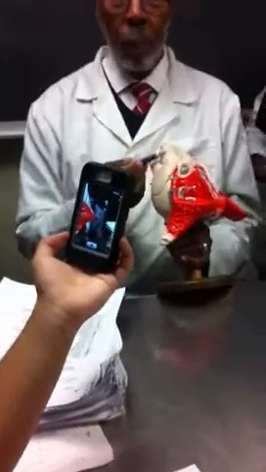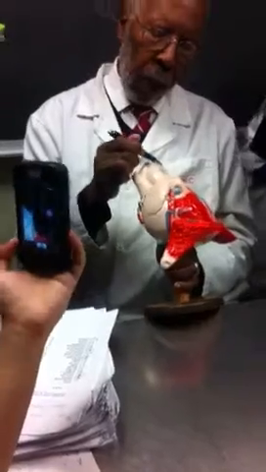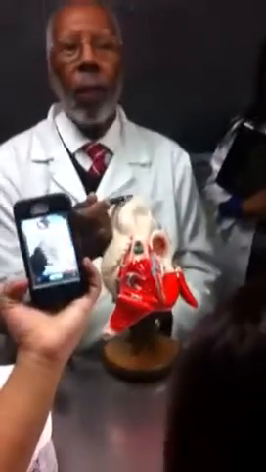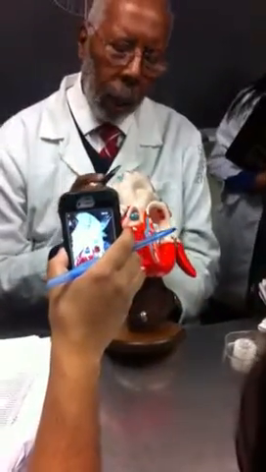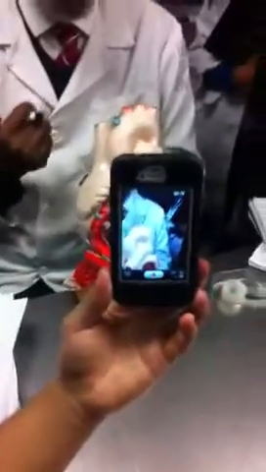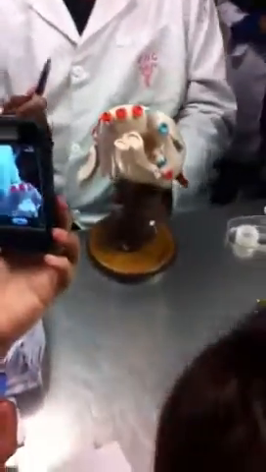It's the ascending aorta. Here, 13 is the ascending aorta, and that leads to the aortic arch. Leading from the aortic arch are three arteries. Okay, I'm looking at it the wrong way.